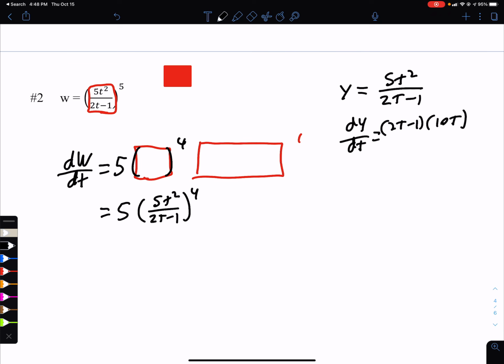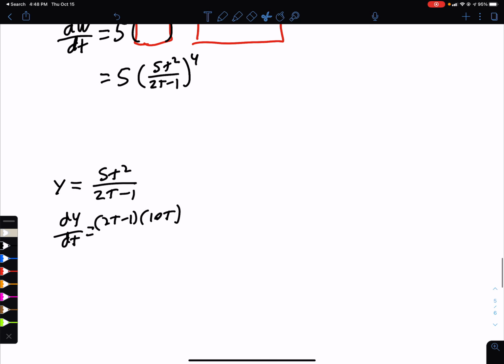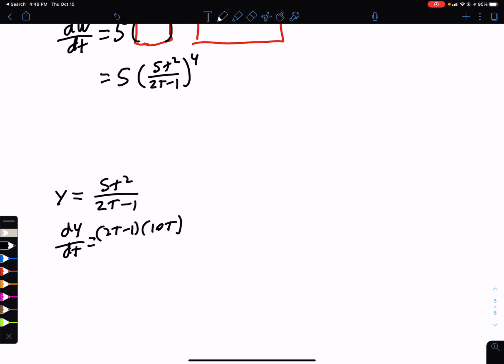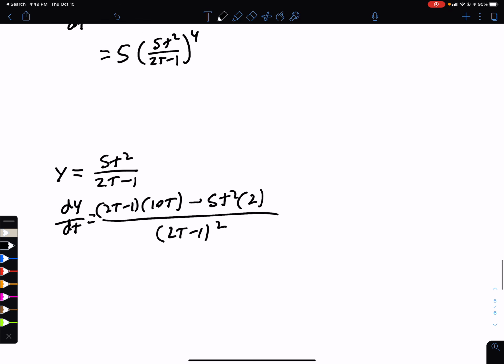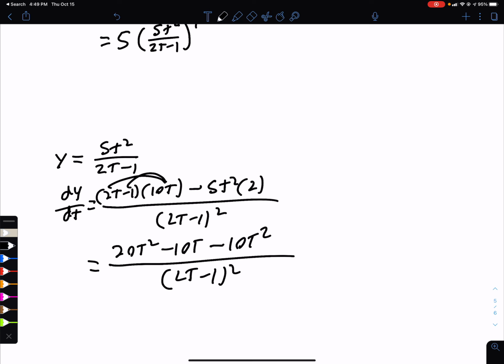I need more room. Let me move this all somewhere else. Let me move it lower. So low d high minus high d low all over low squared. Let me distribute on the top. That's going to be 20t squared minus 10t minus 10t squared all over 2t minus 1 squared.